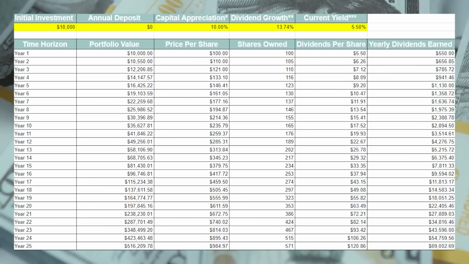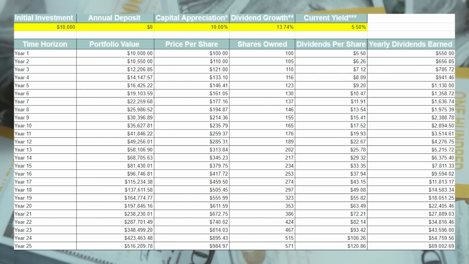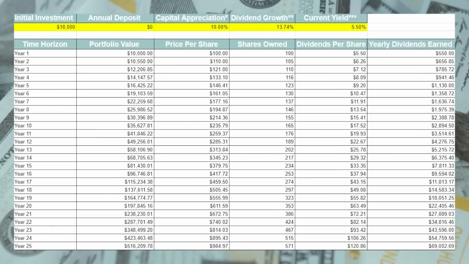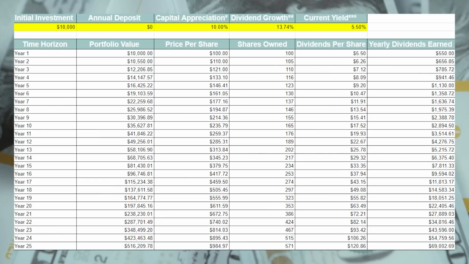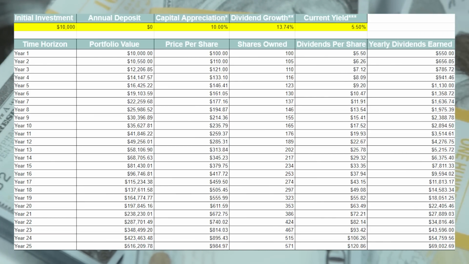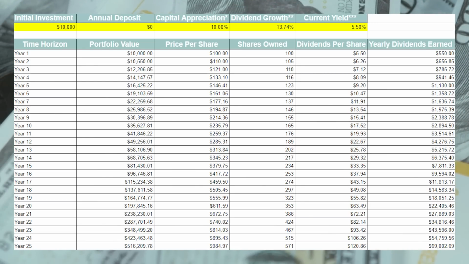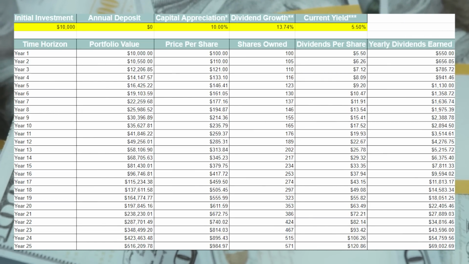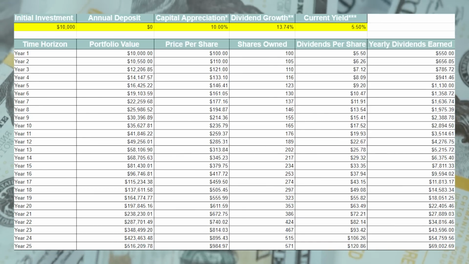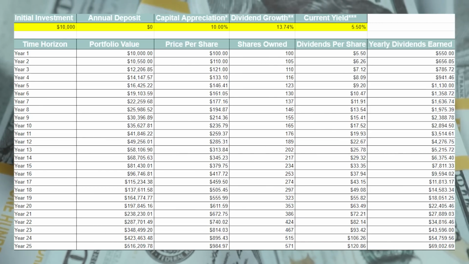Now, what's really crazy is by year 25, remember with the starting yield of 3.5%, earning around $20,000 or so per year? Now by year 25, you're earning almost $70,000 per year in dividends, just by allowing SCHD's starting yield to be moved up a little bit higher due to a market downturn. And this is the power of buying into a high quality growing ETF like SCHD during a market downturn.